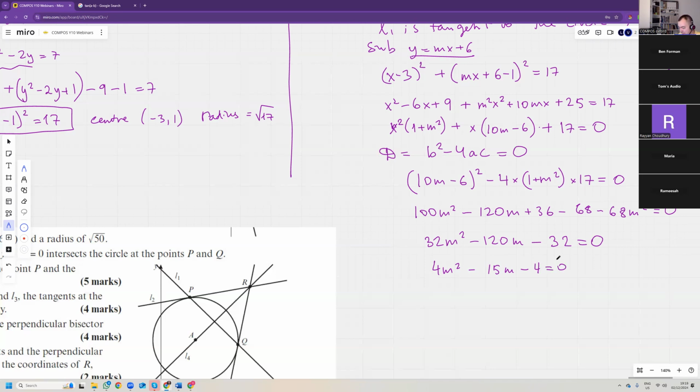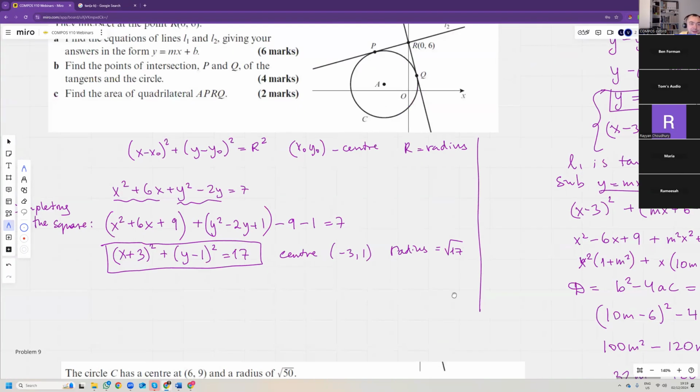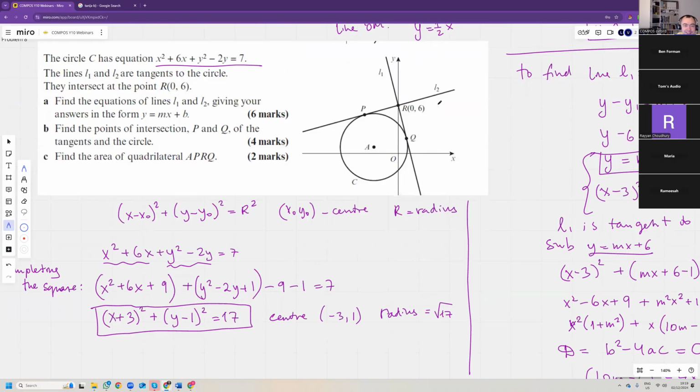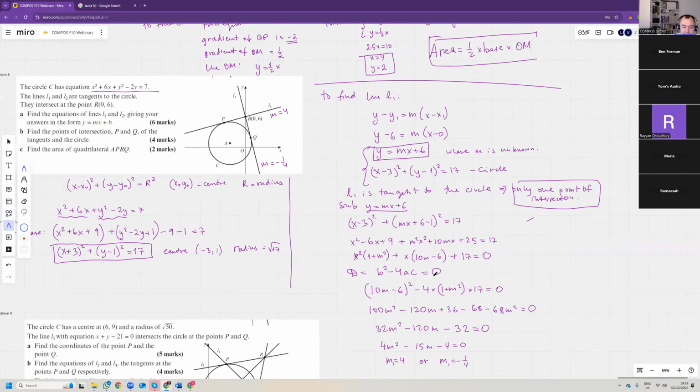Okay, and the roots are 4 and minus a quarter. So m is 4, or m is minus a quarter. And you can see those are the lines. So here the line m equals 4 and m equals minus a quarter, which doesn't look right.